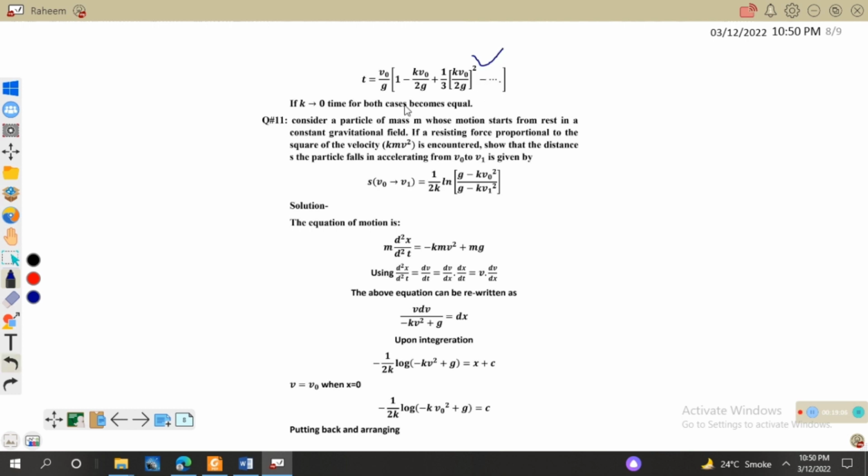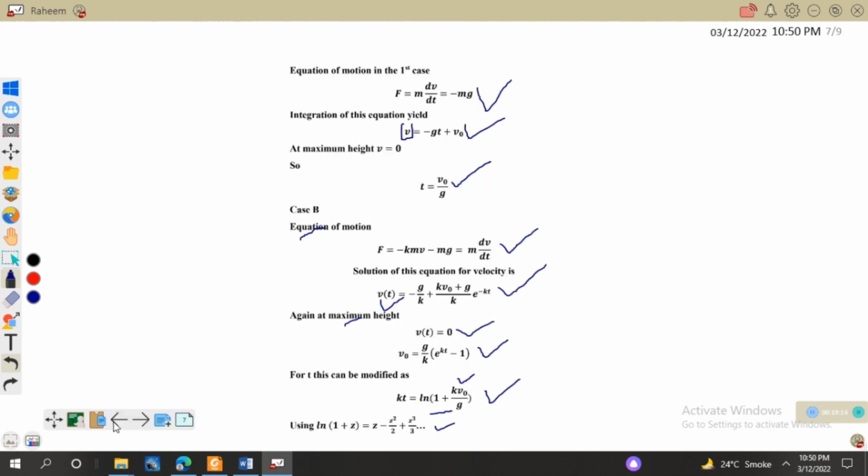So we have to compare this with the case when there is no friction. If we put k equal to 0, it means we have no friction, and this equation and this equation become equal. The time for the case when there is no friction is equal to v naught over g.